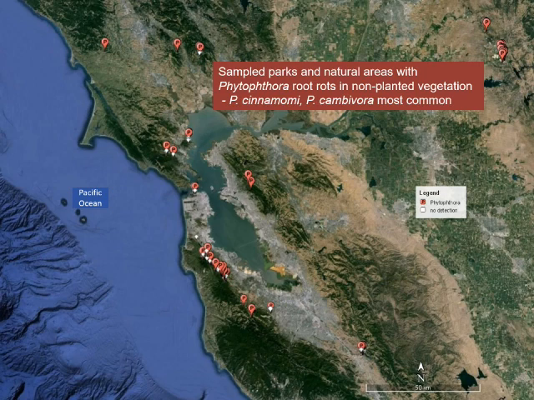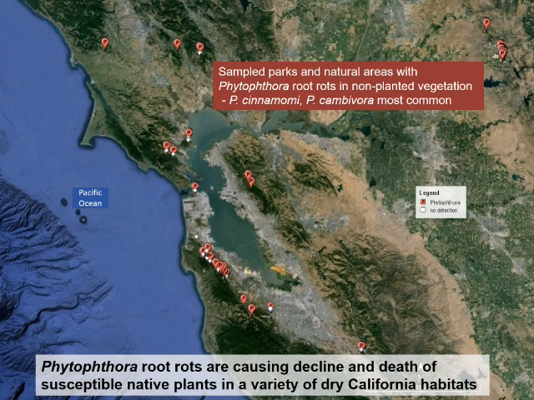So to summarize, here's a number of the areas where we've sampled and found Phytophthora affecting native vegetation. And this is where we're actually seeing decline, dieback, mortality of these plants. So we know that across a variety of relatively dry habitats to moist habitats, these introduced Phytophthoras, especially P. cinnamomi and P. cambivora, but many other species also, are having impacts.